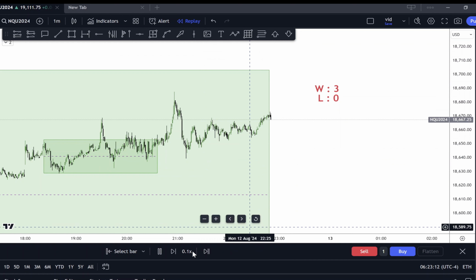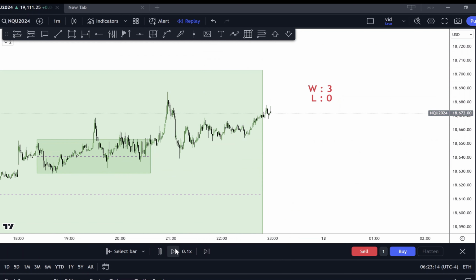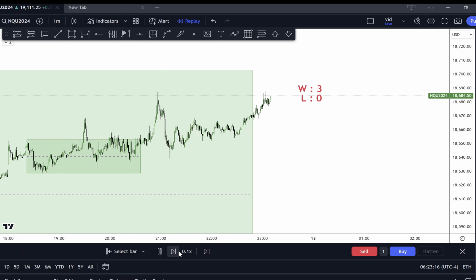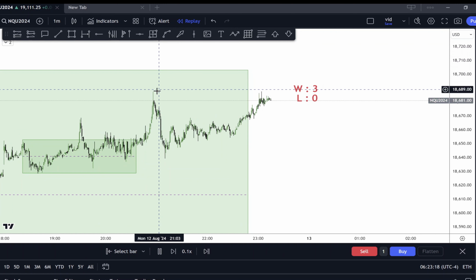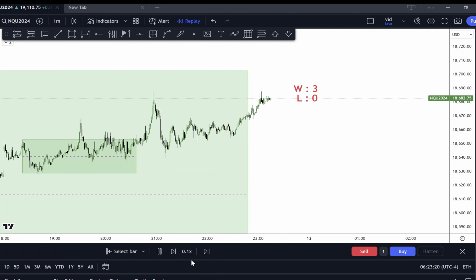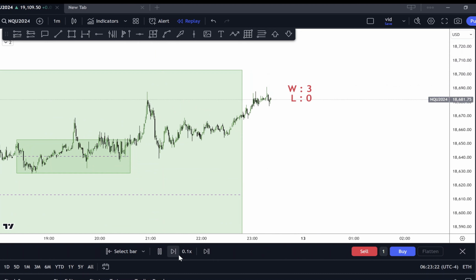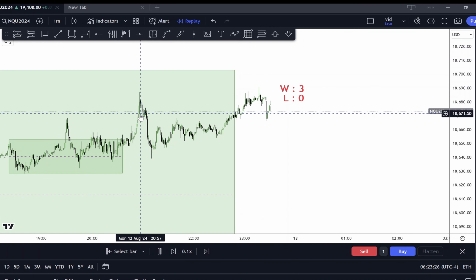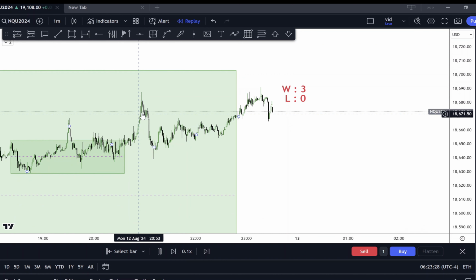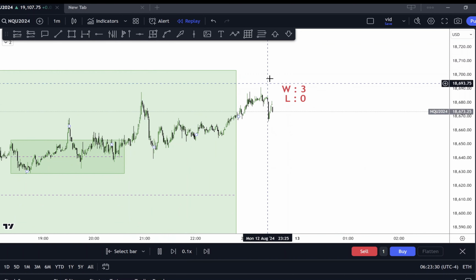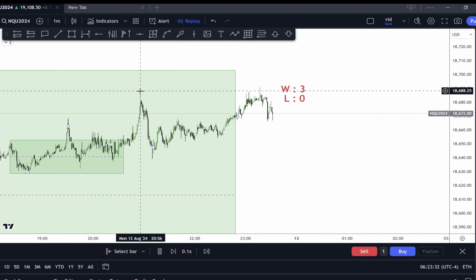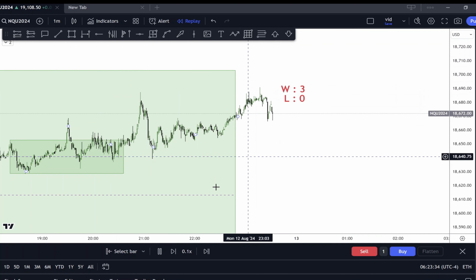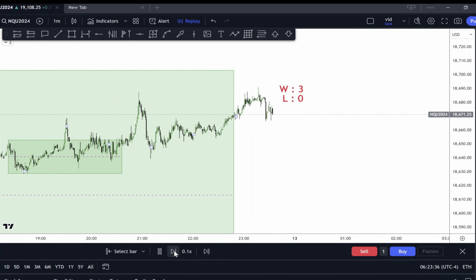Okay. Now it happened after. Will we close above this? No. So this is now a valid pullback because we closed under this candle. So if price closes above it, we will have a bullish zone, a new one.